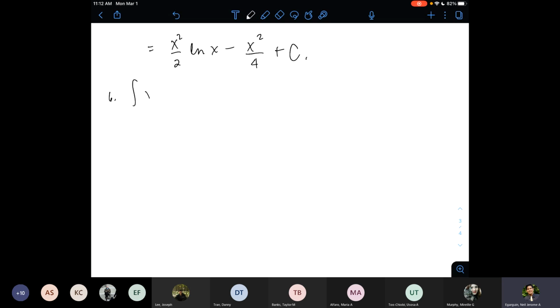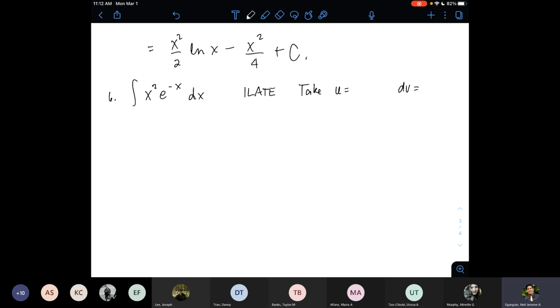Here we have x squared e to the negative x dx. Again, you can try u substitution here. It won't work. So the next best choice, since you see that the integrand is a product, we try integration by parts. And in integration by parts, again, you need to determine what would be your u and dv.